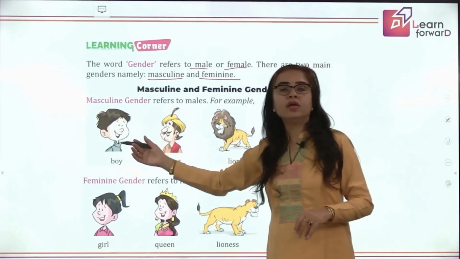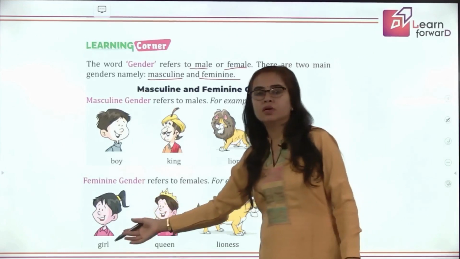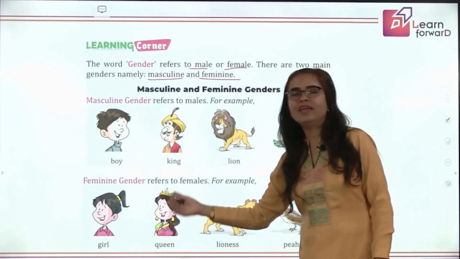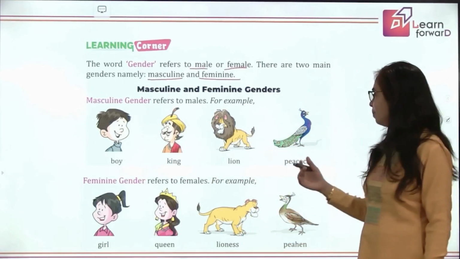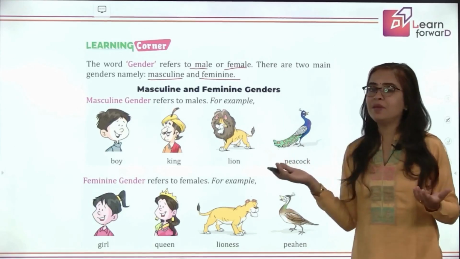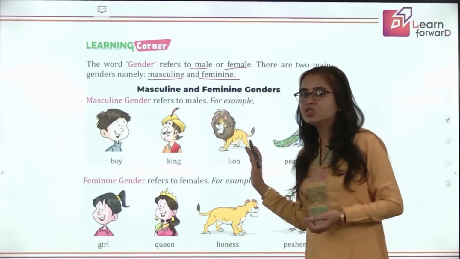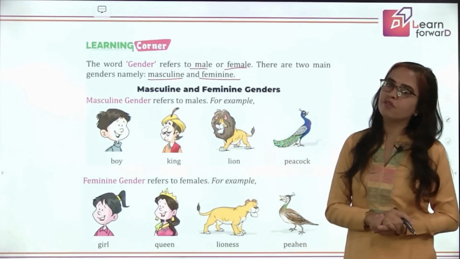A boy's corresponding feminine part is girl. For the king, we have the queen. Yes, the lion has a lioness to make the pair and a peacock has a peahen. So all these are males, they are masculine gender, and these are all females, they are feminine gender.